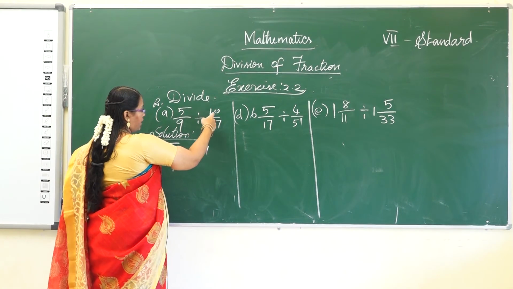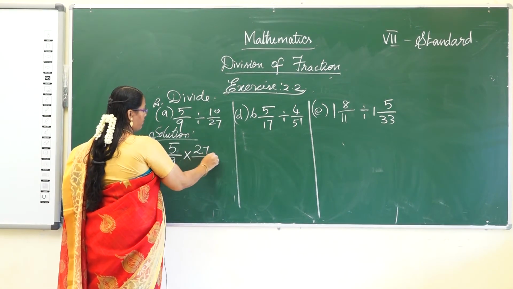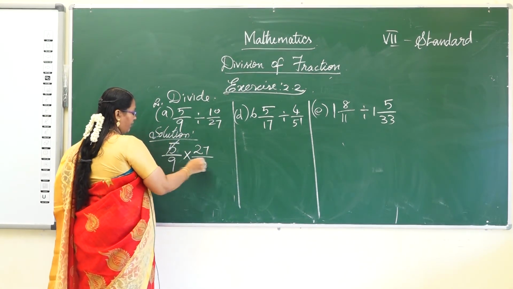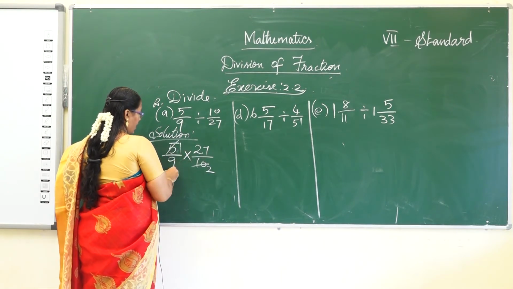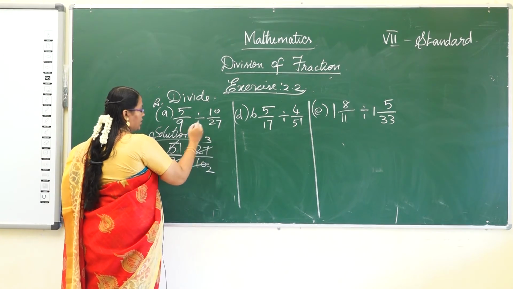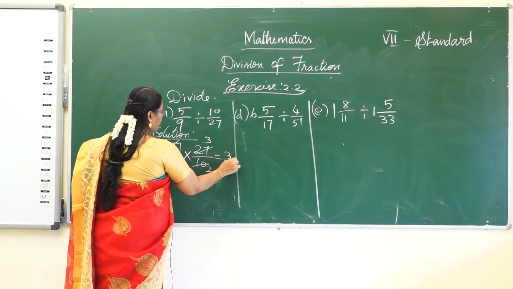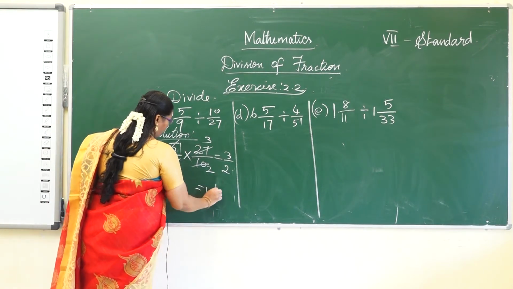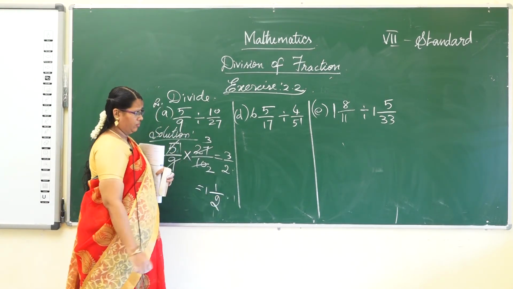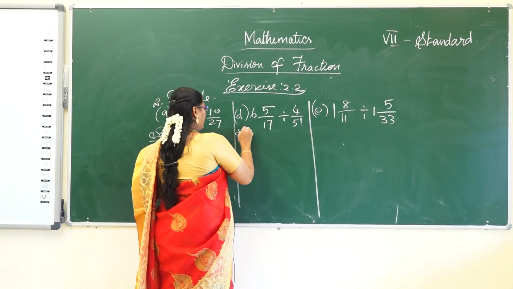Here the reciprocal of the fraction is 27/10. It can cancel in the 5 table: 5 ones are 5, 5 twos are 10. Here the 9 table: 9 threes are 27. So the answer is 3/2. It can also be written as the mixed fraction 1 1/2.